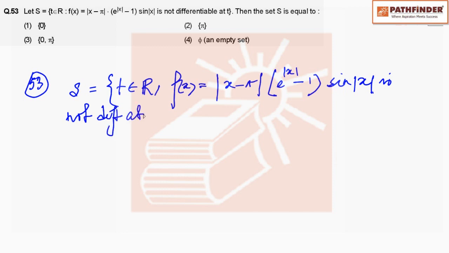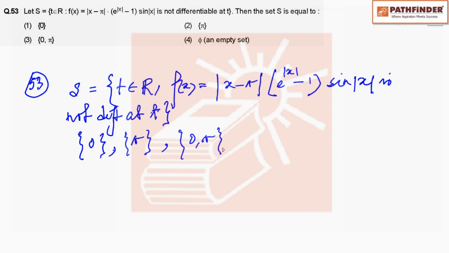The given options are three: 0, pi, and both 0 and pi.